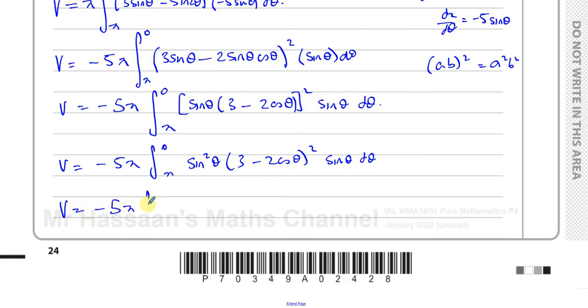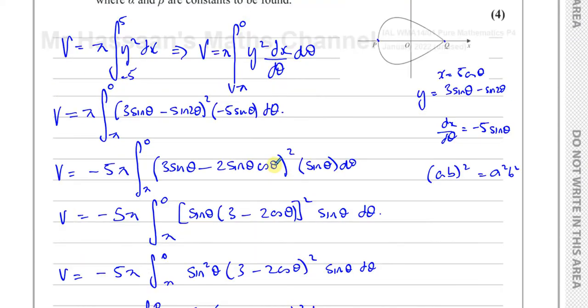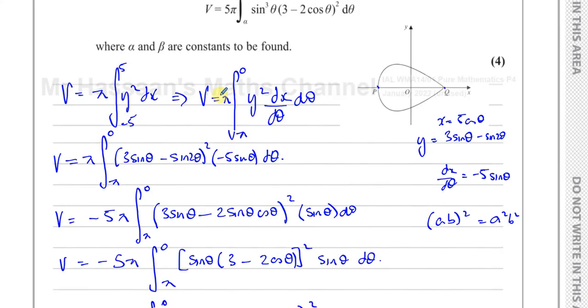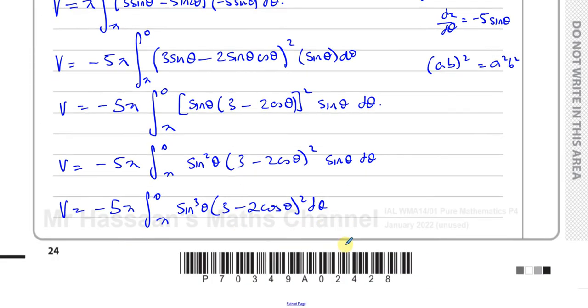So you've got minus 5 pi between 0 and pi of sine cubed theta times 3 minus 2 cosine theta squared d theta. And that's exactly what we need, except for the fact that this should say positive 5 pi and this says negative 5 pi.